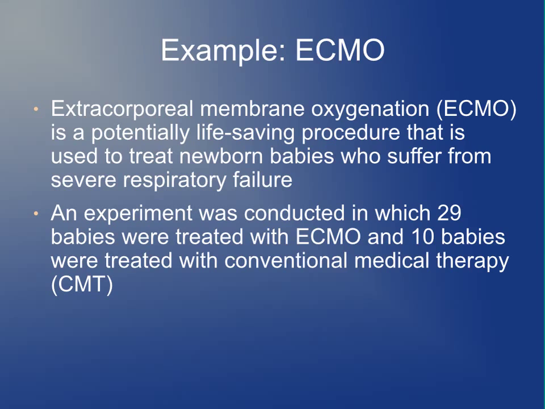Here's an example that I found from a book on a procedure called extracorporeal membrane oxygenation, or ECMO. It's a potentially life-saving procedure that's used to treat newborn babies who have respiratory failure. There was an experiment conducted in which 29 babies were treated with ECMO and 10 babies were treated with conventional therapy.